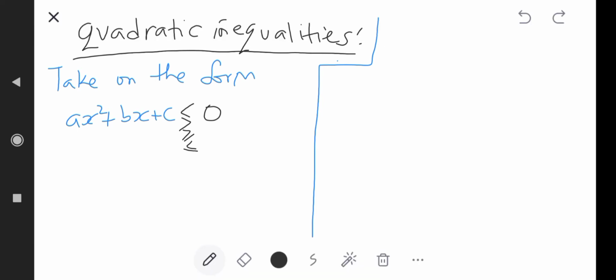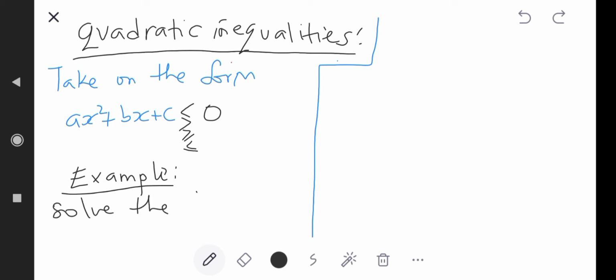So allow me to take on an example. They will tell you to solve the following inequalities.